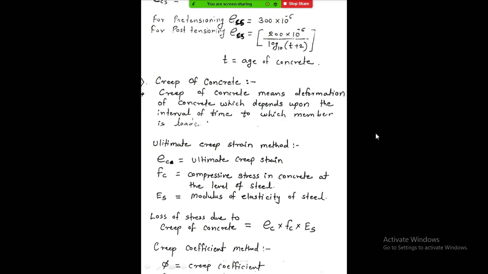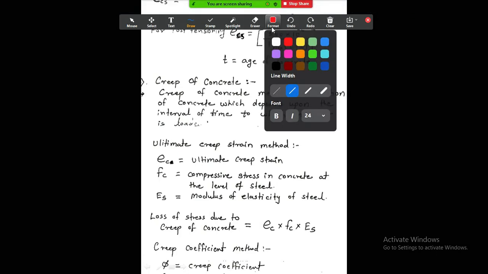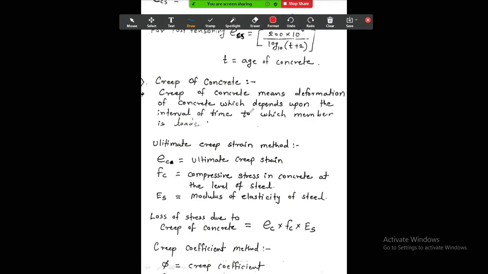So now here the formula is given for the calculation of this shrinkage strain. For pre-tensioning members, what is the formula for ECS?